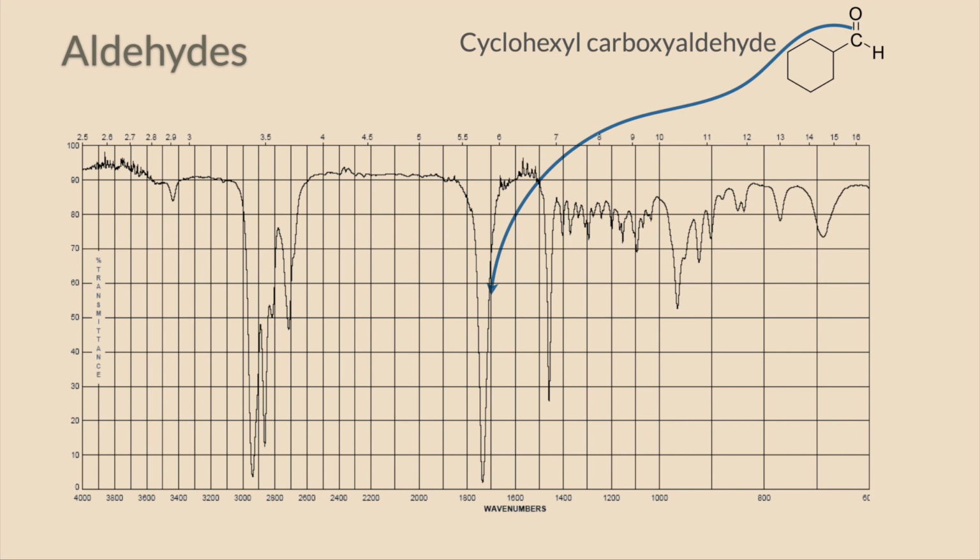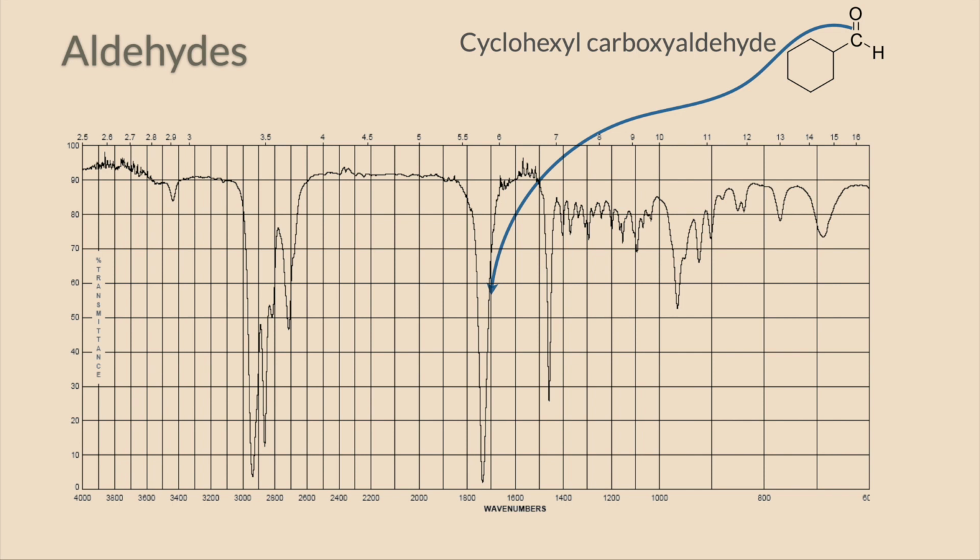But this band is sensitive to conjugation, just like all carbonyl groups. If there is conjugation, it might shift the band slightly to lower frequency or to higher frequency depending upon the type of conjugation. We will see about that later, which is a very important part because you can identify between different carbonyl groups having similar structures.